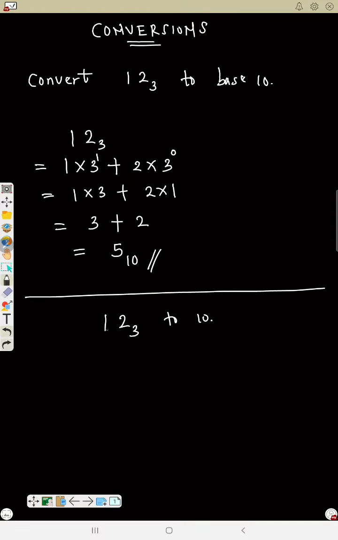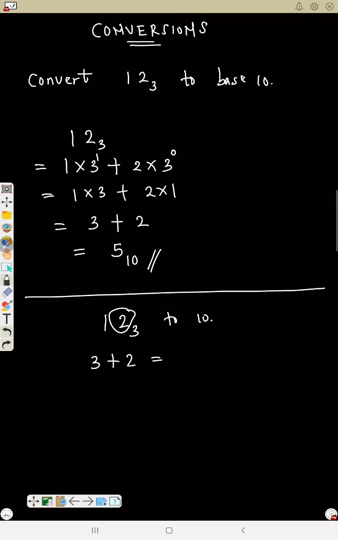You write the first number, 1. Then 1 times 3 is what? 3. Then plus the next number 2. That will give you 5.